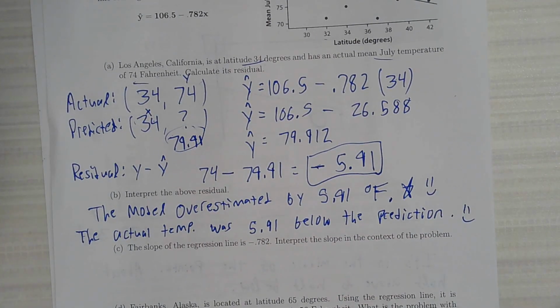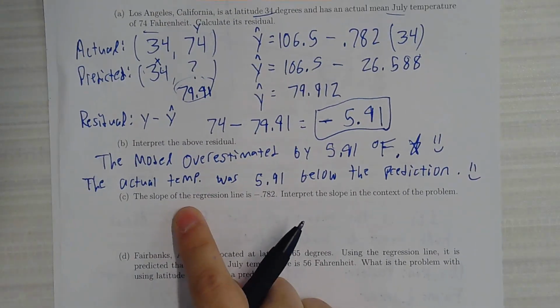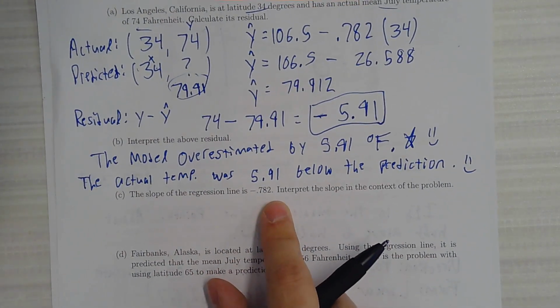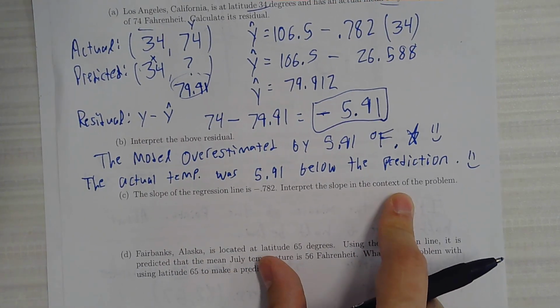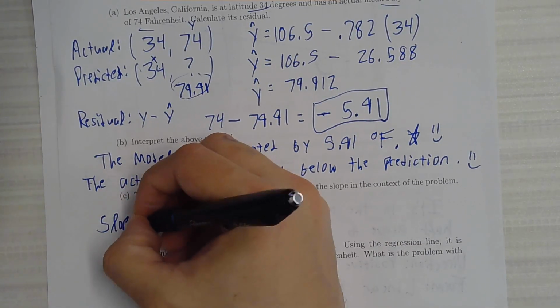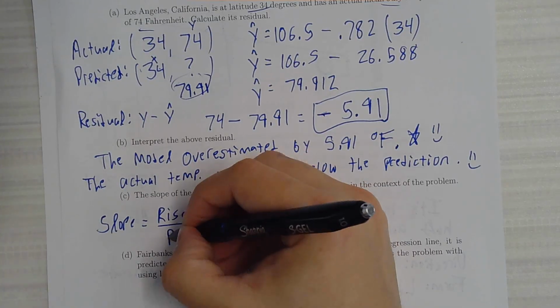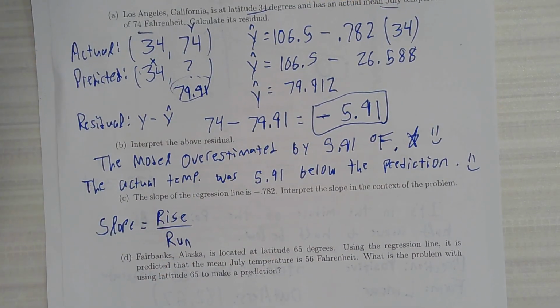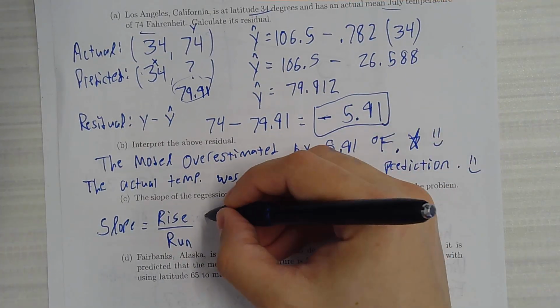Okay? Alright, let's look at C. The slope of the regression line is negative 0.782. Interpret the slope in the context of the problem. And slope equals rise over run. So when I rise, that's going to be my change.